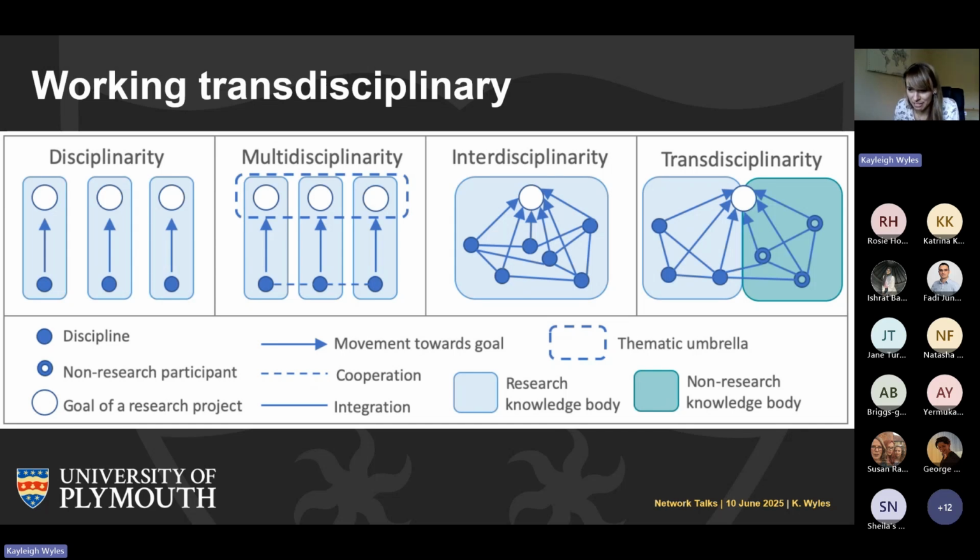So this was a nice diagram that I think really nicely demonstrates the different types of working. So you've got the disciplinary, working within your disciplines. So you just focus on your disciplines, focus on a single goal, whereas multidisciplinary approaches, you're tackling slightly different goals depending on your discipline.